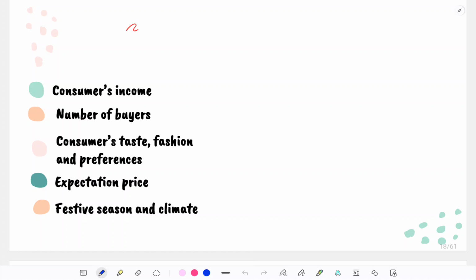And the last factor that will influence our demand is advertisement. Good advertisement can make people want to buy a product even if they did not before.